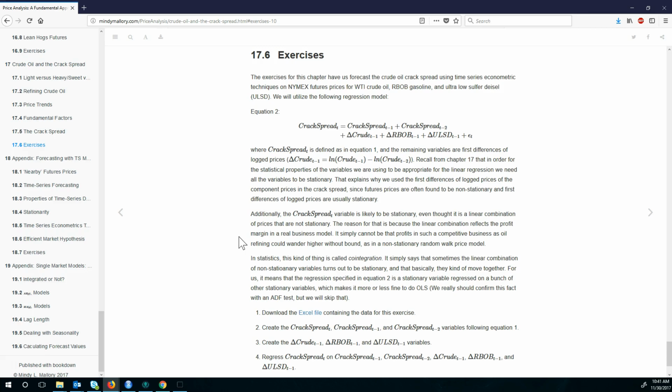They still exhibit volatility, but not the same way that we would see from a non-stationary time series process. So, since we're confident that the crack spread is a stationary variable, we're free to include it in the regression in levels.